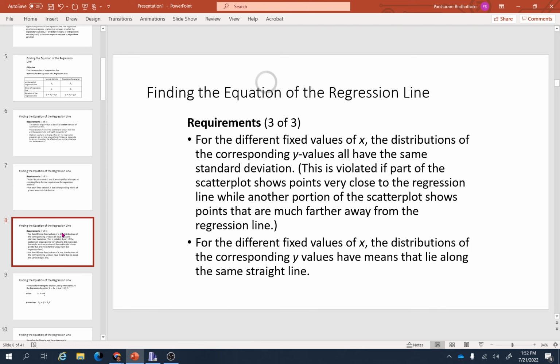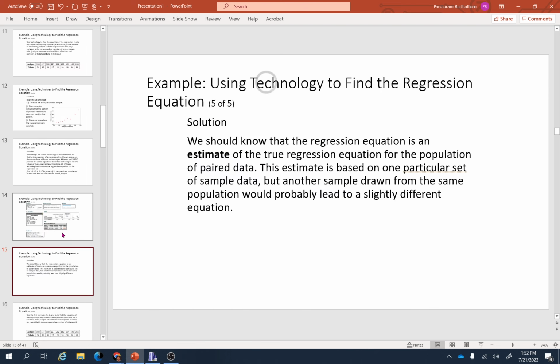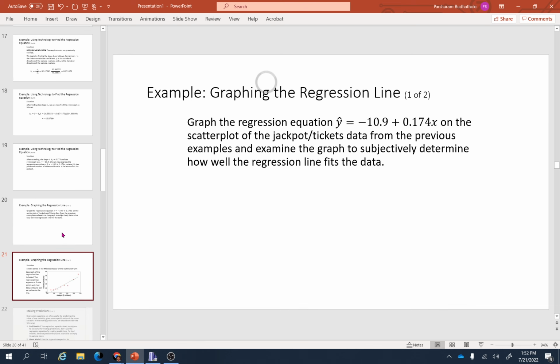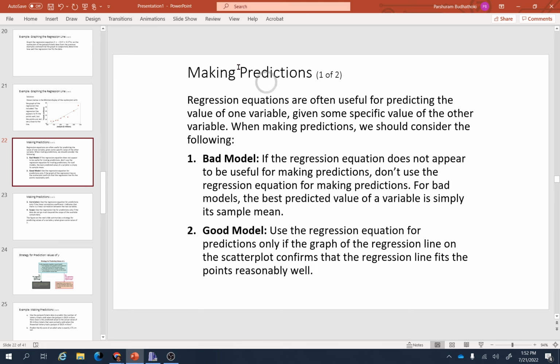One more thing I would like to mention: when we try to make some prediction, we can only make prediction using the regression line if those requirements are satisfied by the model we have been given.